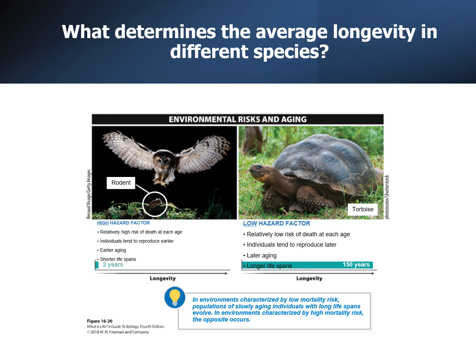They have a relatively high risk of death at each age, and individuals tend to reproduce early, and they have earlier aging, so they appear to, like I said, age quickly, and they have more offspring. Their offspring will also have a high risk of dying, so they will have shorter lifespans.